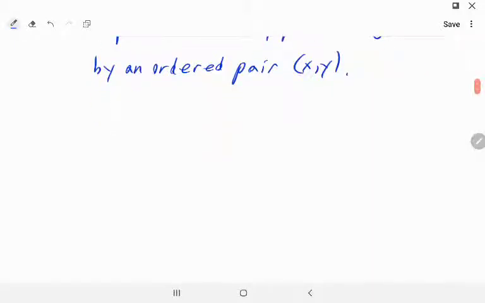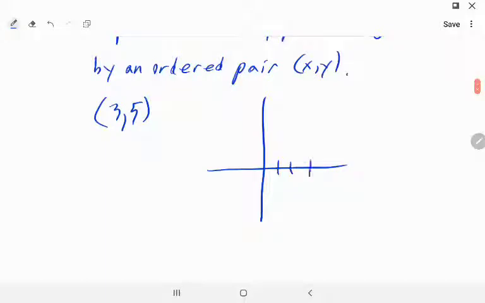So if we went to the point 3, 5, we would go horizontal 3 units, vertical 5 units, and we get the point 3, 5. Let's name that A. So the point A is at 3, 5. Then we could decide the point B might be negative 2, 0.